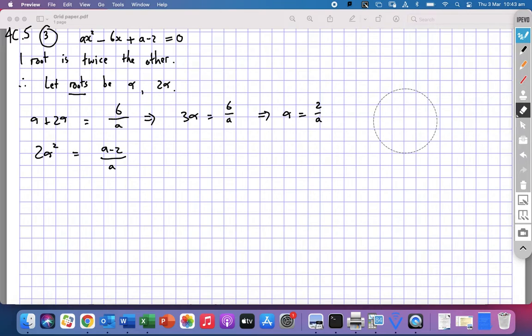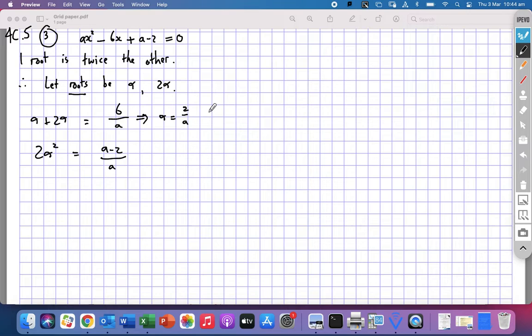So I'm going to tidy that up. It follows, my arrows mean it follows that alpha worked out to be 2 on a. Sorry, 2 on a, not 2 on alpha. An alpha, which is the root, will equal 2 divide a. You want to show the working out, but I'm a bit short on space.